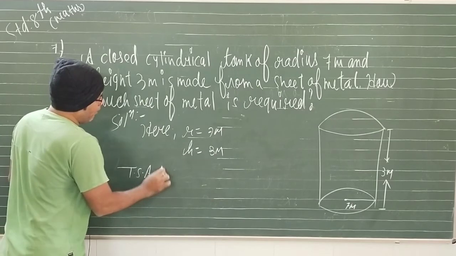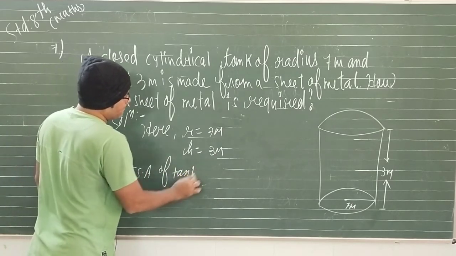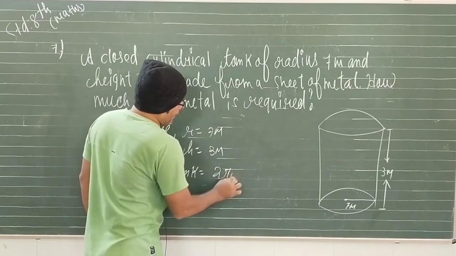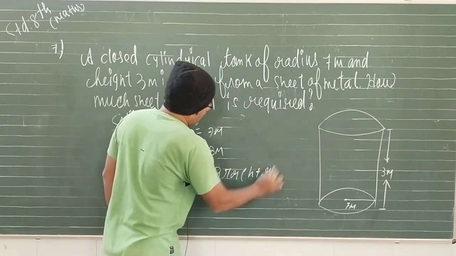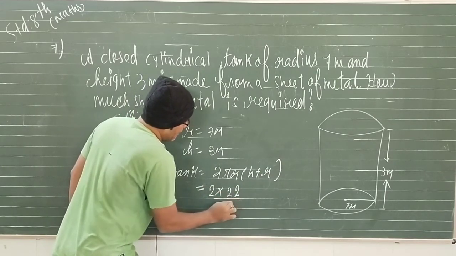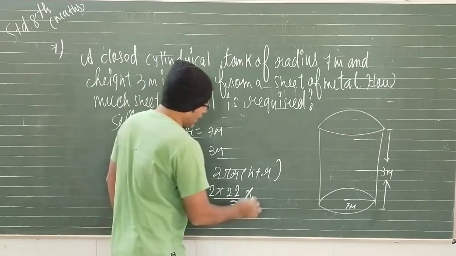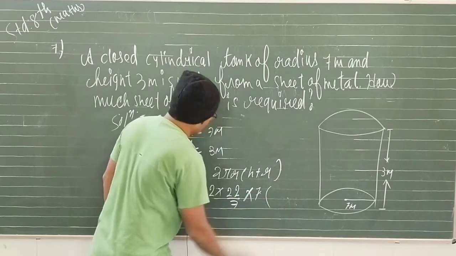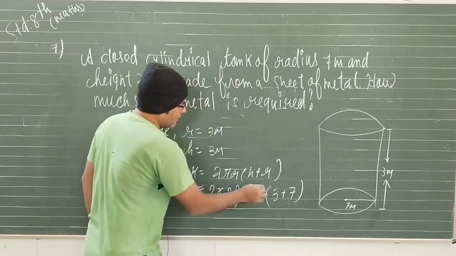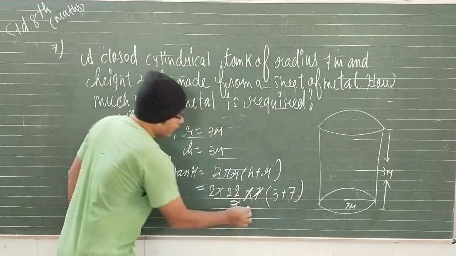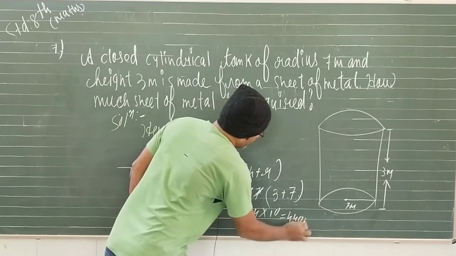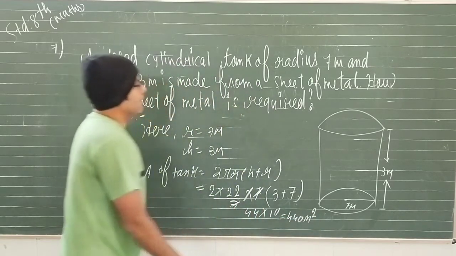TSA of tank, formula is 2 pi r into h plus r is equal to 2 into 22 by 7 into r, that is 7, into h plus r, 3 plus 7, 7 7 cut, 44 into 10, 440 meter square.